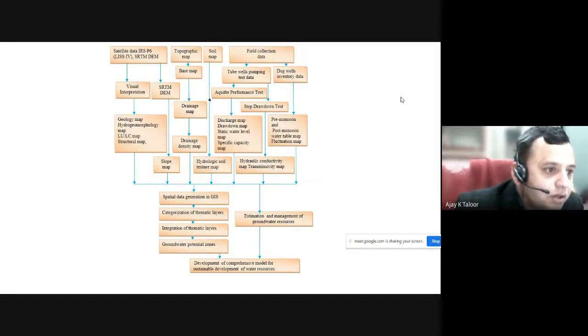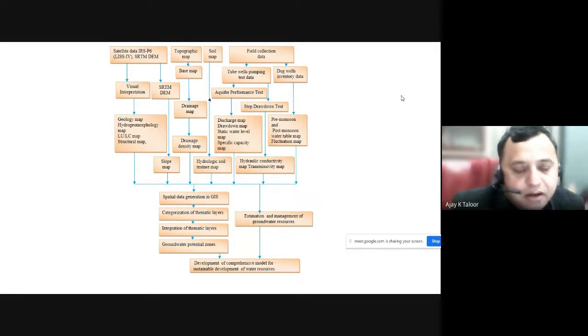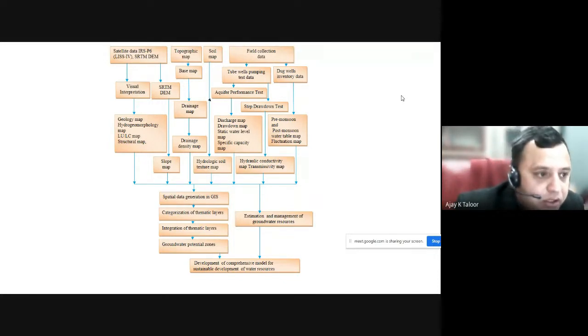From the satellite data, we have made visual interpretations and made the geology map, hydrogeomorphology map, land use land cover map, and structural map. This we have derived from the satellite data. And from the DEM, the SRTM DEM, we have derived the slope map. Then from the topographic map, we have made the drainage map, and then we are able to generate the drainage density map.